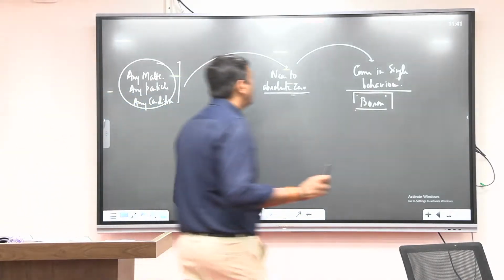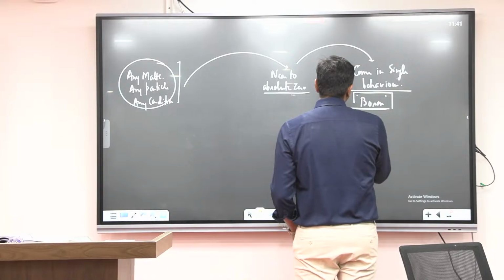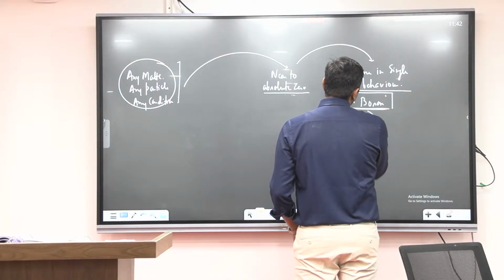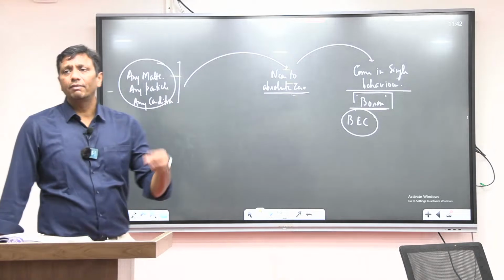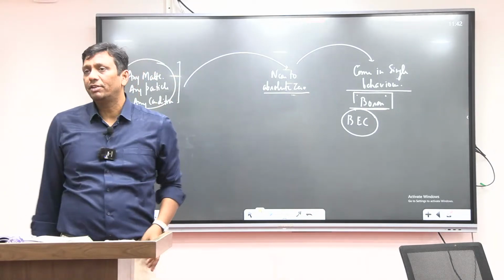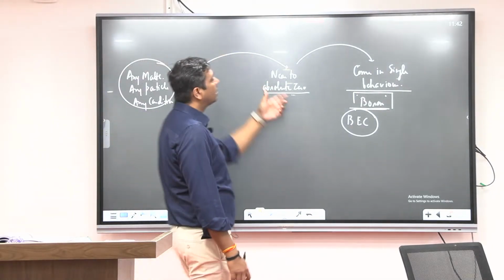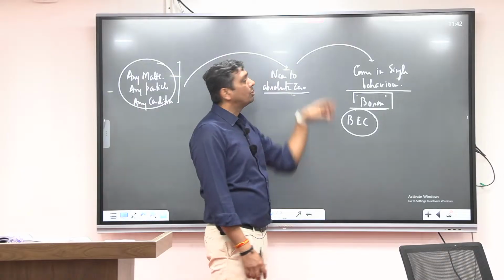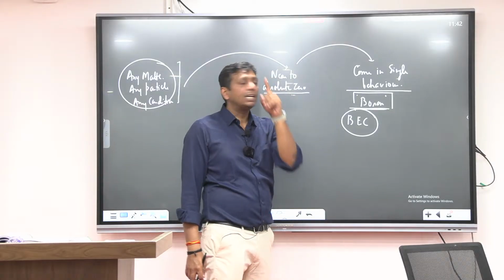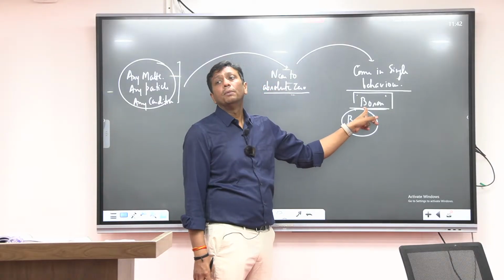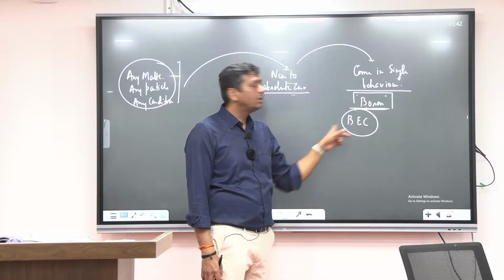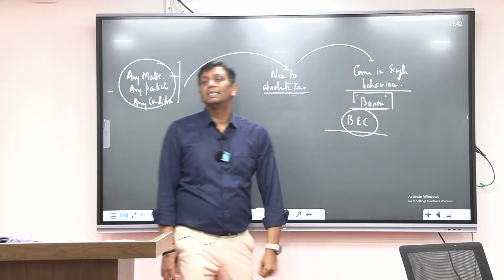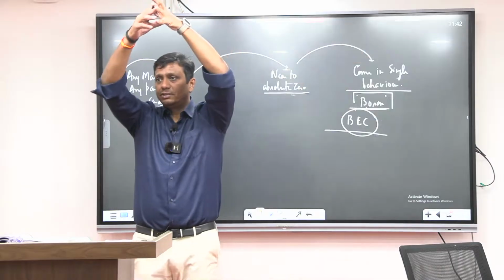Again I repeat: any condition, solid, liquid, gas, plasma, any form. When we keep them near absolute zero temperature, they all come into a uniform condition, and that uniform form is called a boson. This boson condition is technically called the Bose-Einstein condensate, because everything condensed.